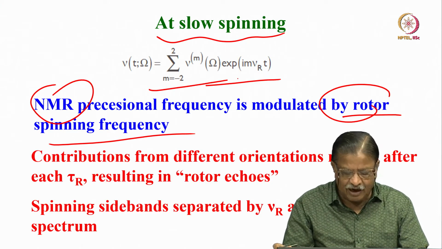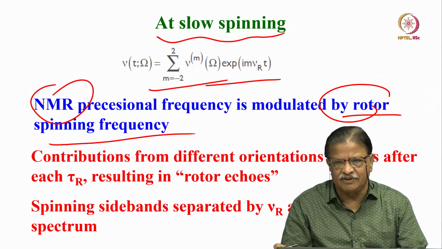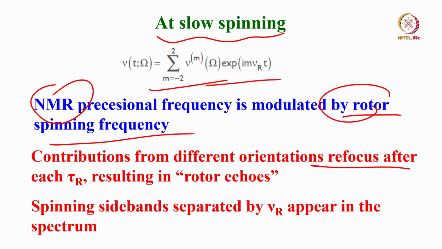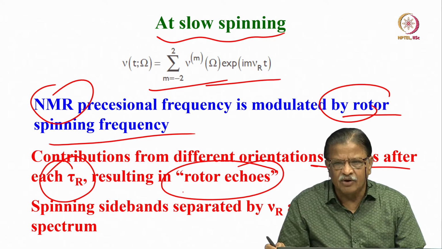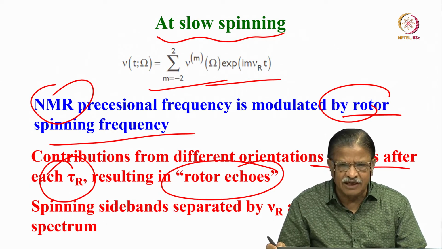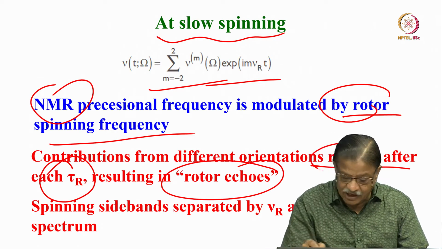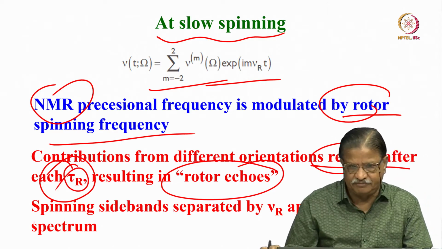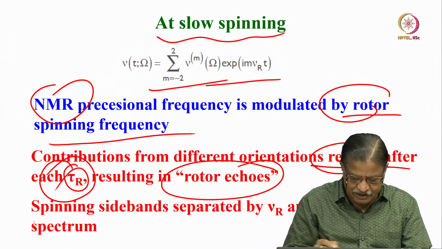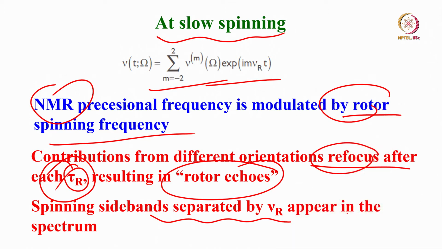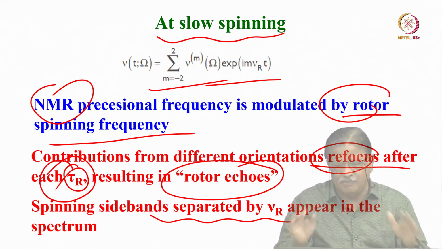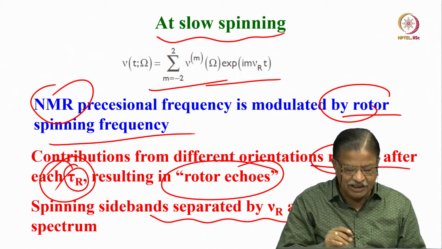Okay. And contributions from different orientations refocus at each rotation period, which is called rotary echoes. Rotary echoes are the ones in which different orientations refocus after each rotation, and as a consequence we get spinning sidebands, separated by the rotor spinning frequency, in the spectrum.